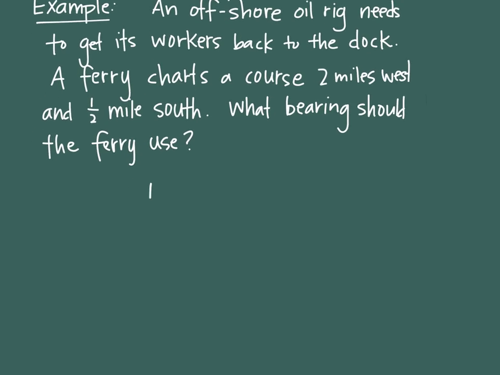Okay, so because we know it's southwest, we need to draw our triangle in quadrant 3. And we know that it's 2 miles on the west part and half a mile on the south part. Now I didn't draw this completely accurately, but that'll be 2 because that's on the west side, and that'll be half because that's on the south part.